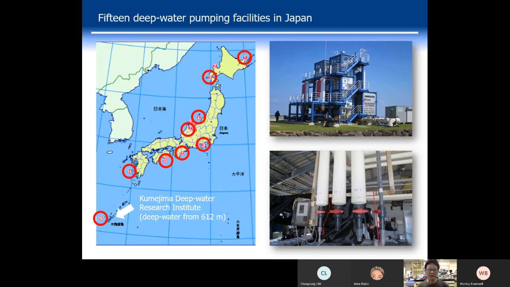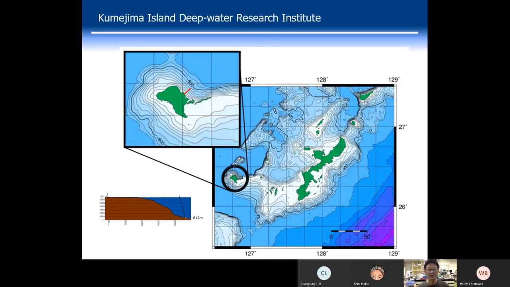There are about 15 deep water pumping facilities in Japan, which aim at generating power by using differences in temperature between the surface water and the deep water. One of them is the Kumejima Island Deep Sea Water Research Institute.